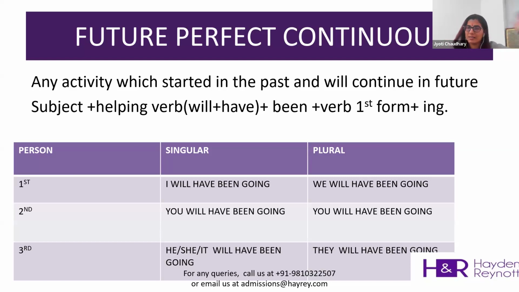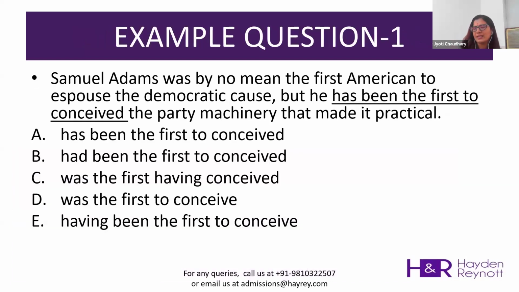That means I started 14 years back and I'm still in that period in the present, and I will continue to do it for another year. So I am saying for the 15 years I have been doing this thing. For this type of action, we use the future perfect continuous tense, which has the helping verbs will, have, been, and the main verb would be in the first form plus ing, which is the part of the continuous tense. So let's just revise everything before we practice this portion.